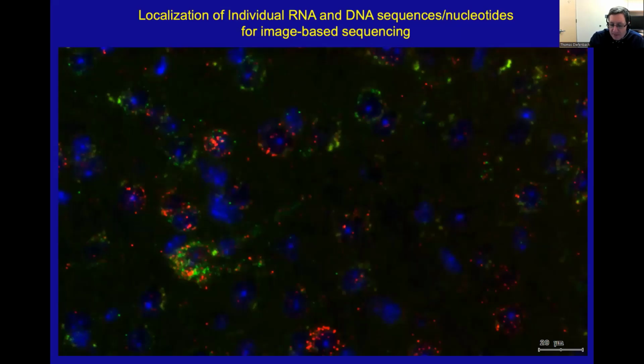The last thing I'll touch upon before I finish is sort of a corollary of looking at multiple markers and having this ability to cross-correlate or register images from multiple scans, which is to be able to look at sequencing data in cells at the single cell level and do image-based sequencing.